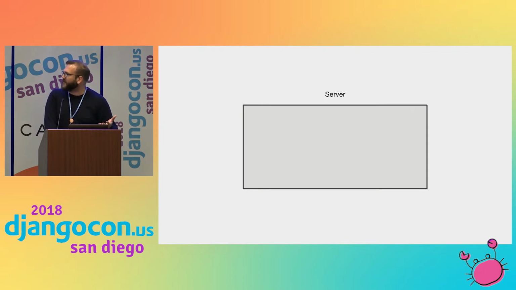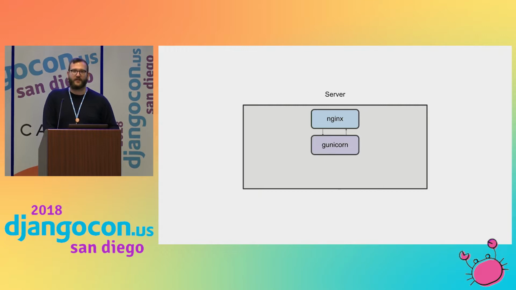So you have a server, and when a request comes in, it typically gets handled at first by a web server, which knows how to speak HTTP, and then that passes it along to something like gUnicorn, which is a way to translate an HTTP request into something that Python can understand. And ultimately, it will end up at your Django application.